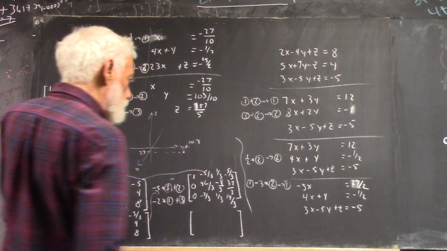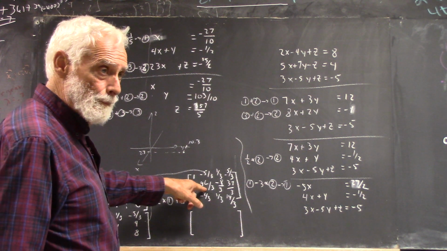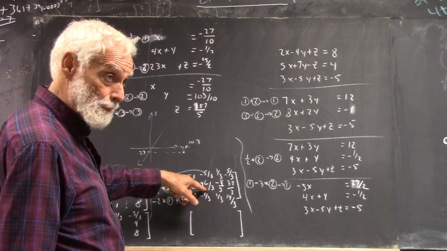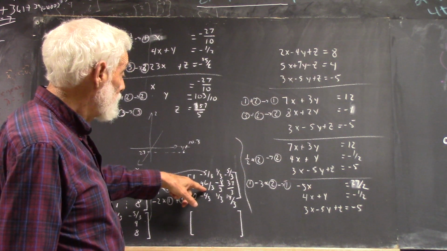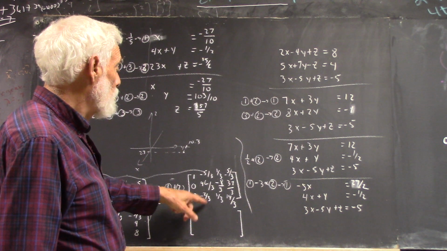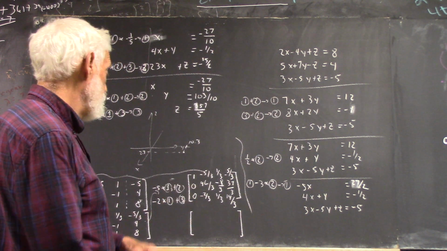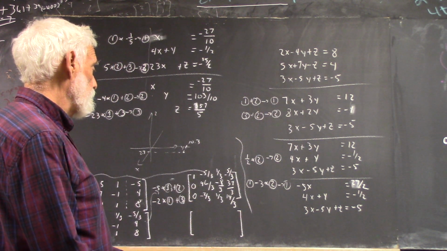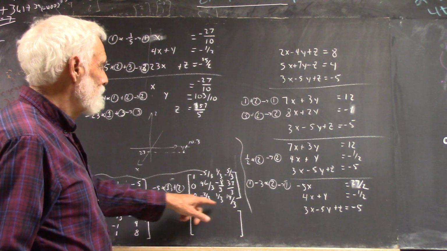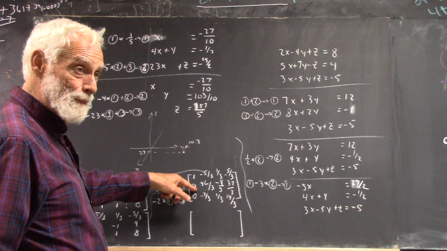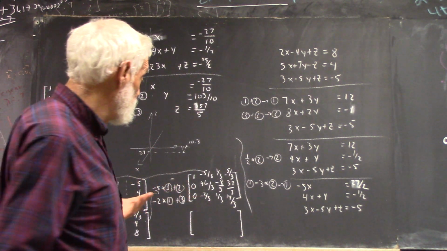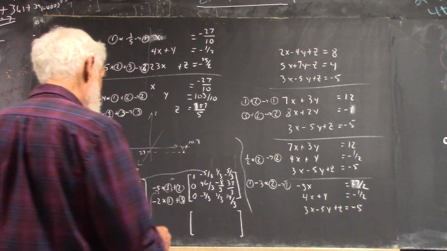And the next step is going to be to get a 1 here. And then we can use that to get a 0 here and a 0 here. Now what I don't want is I don't want to be multiplying this equation by 3/46. I'd much rather have this equation here. Well, the order of the equations makes no difference at all. The equations are what they are, so I can flip rows.